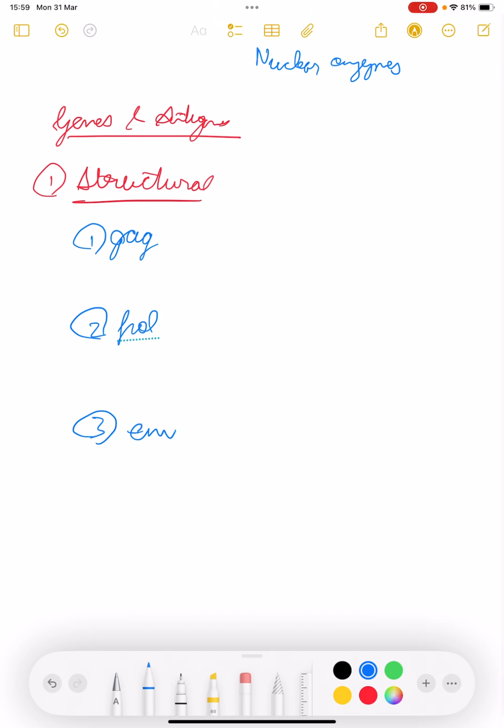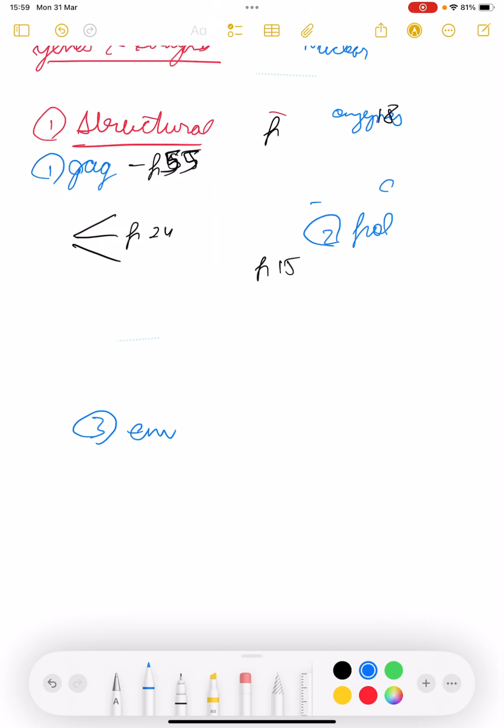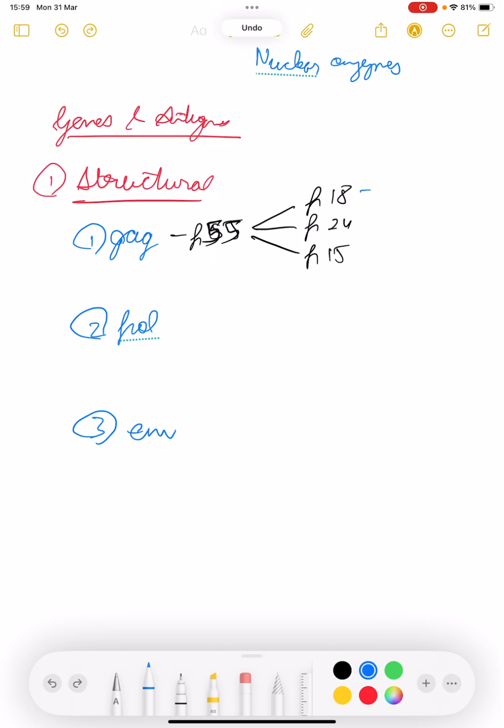The GAG gene is expressed as a precursor protein P55, which is cleaved into three proteins: P18, P24, and P15. The P18 forms the shell, while the P24 and P15 form the core.